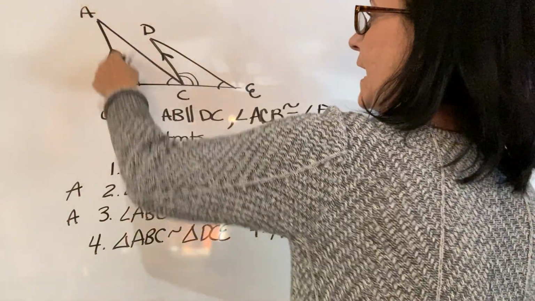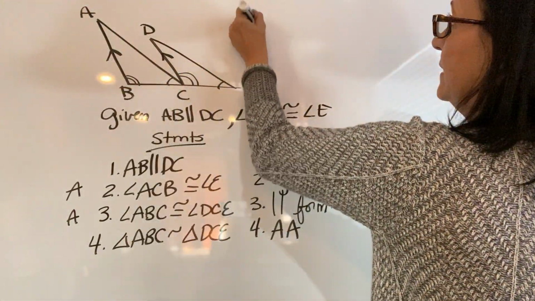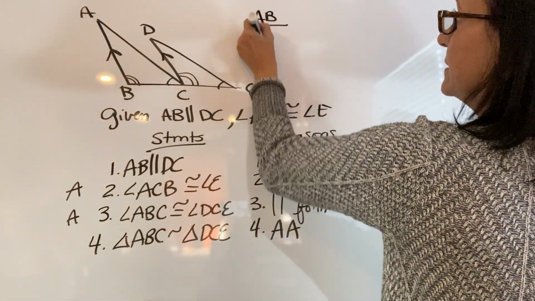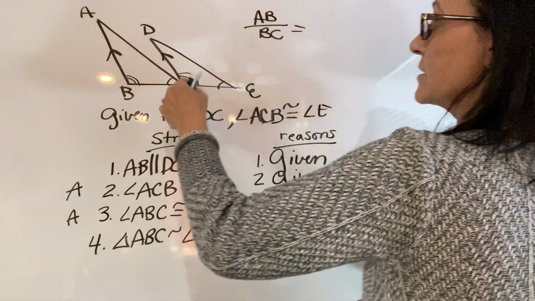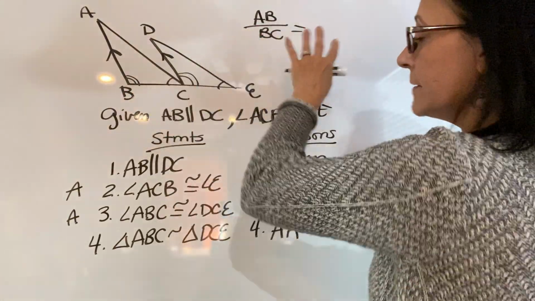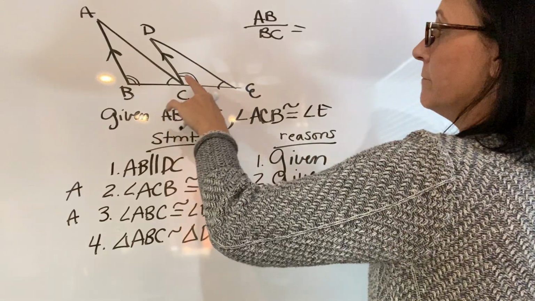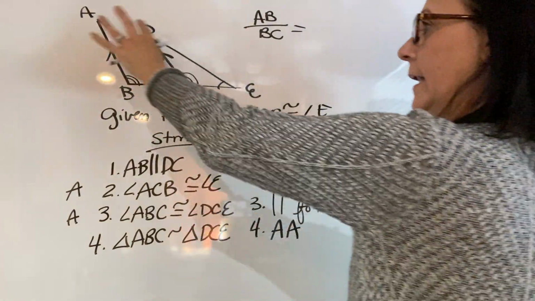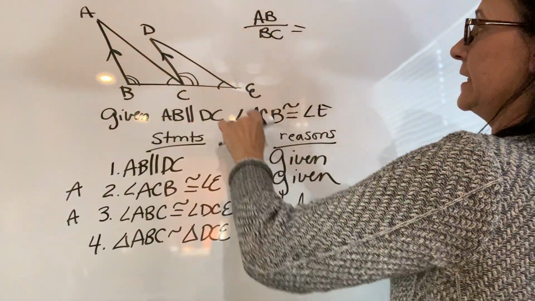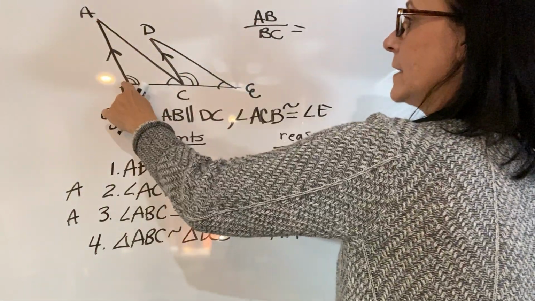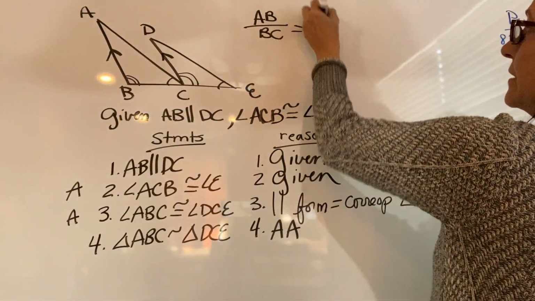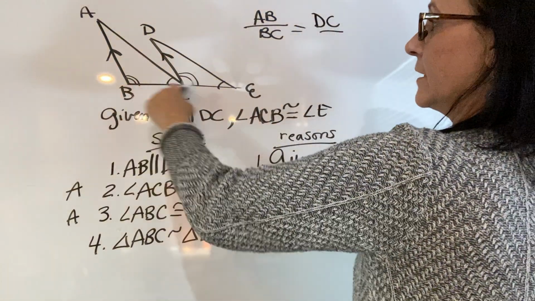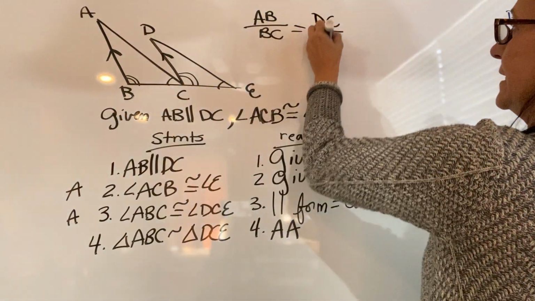Let's write some ratios. AB to BC has to be equal to, because remember, this is just a dilation. ABC is bigger. It's a dilation of DCE. So the side that corresponds to AB is DC, so that goes on top. The side that corresponds to BC is CE.